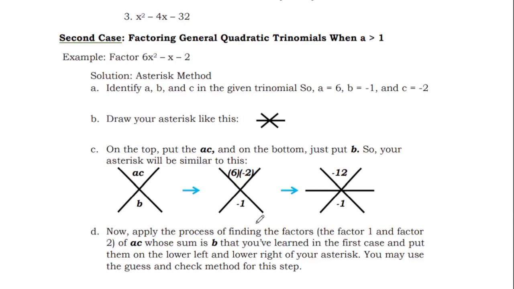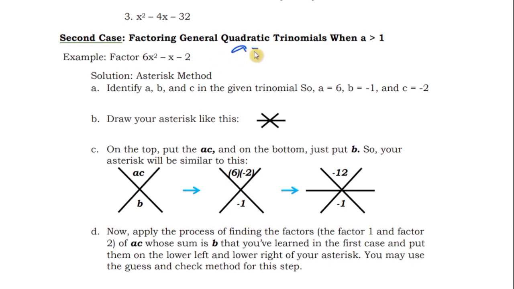So we have now another case of factoring quadratic trinomials, when we have a value greater than 1 for the quadratic term. As we go through the second example, factor 6x squared minus x minus 2. Our value of a here is 6, b here is negative 1, c here is negative 2.